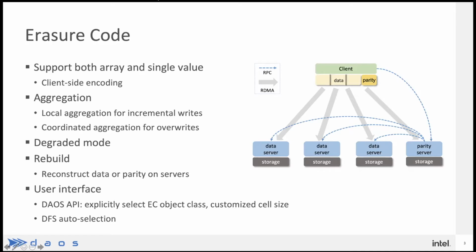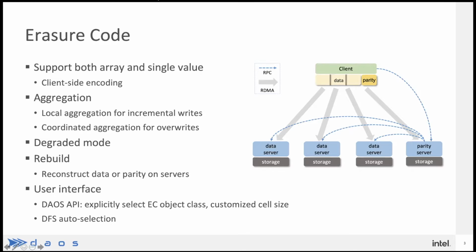The rebuild system is the second component that provides data availability for EC. It is a background service which can reconstruct the missing data or parity in the background. The rebuild of EC is similar to replication, but there will be more data movement for EC rebuild. If we use this diagram as an example, we lost one piece of the data shard.